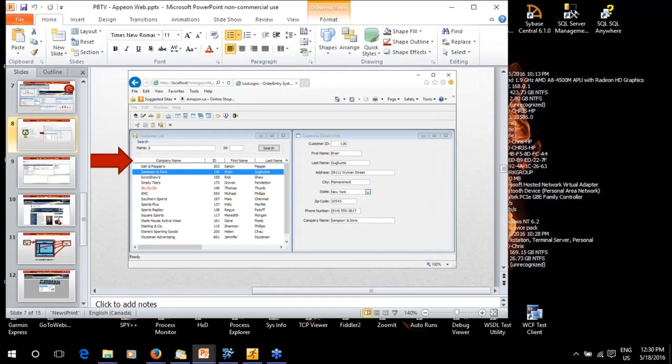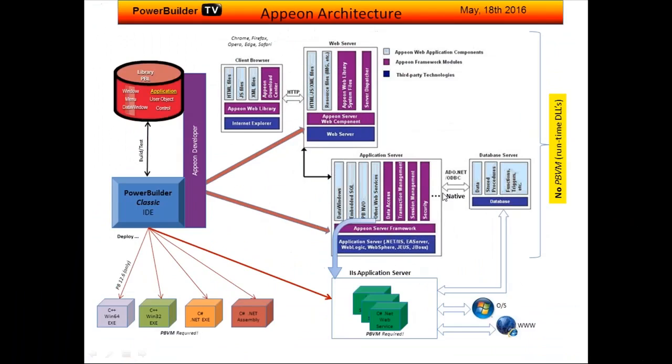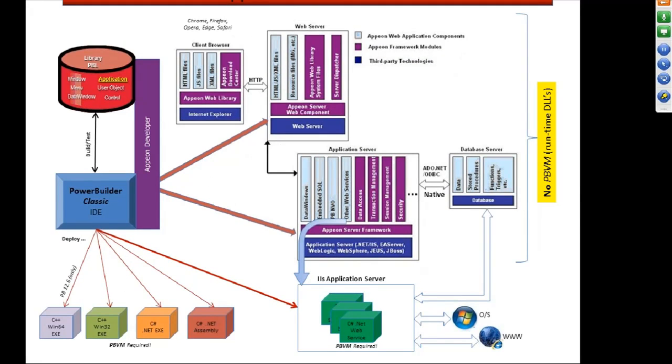So let's go back to this slide here. We've got Appeon Developer plugged into the IDE. I just need to tell it which application it's working on, and I need to get it to deploy these pieces here. This Lost Logos application also uses web services.